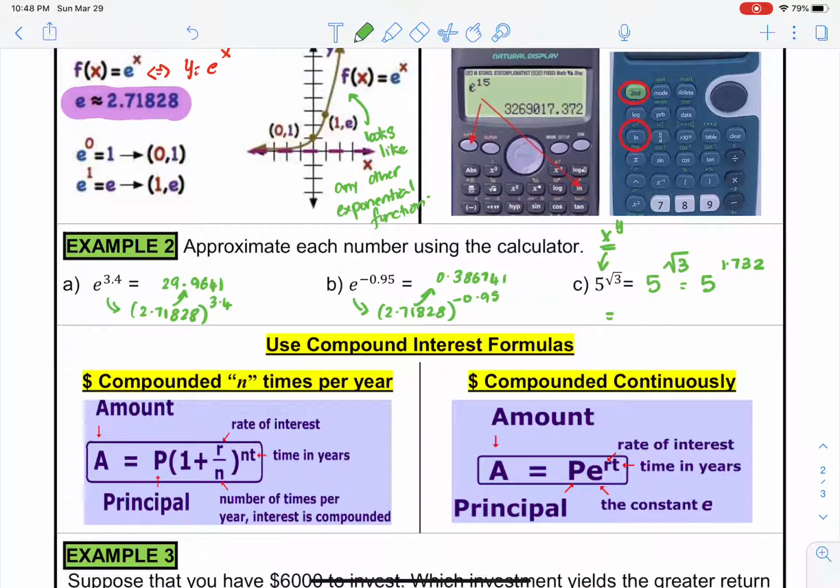So in our case, x would be 5, and that exponent up there would be the square root of 3. So if I plug this in the calculator, I get 16.2425.